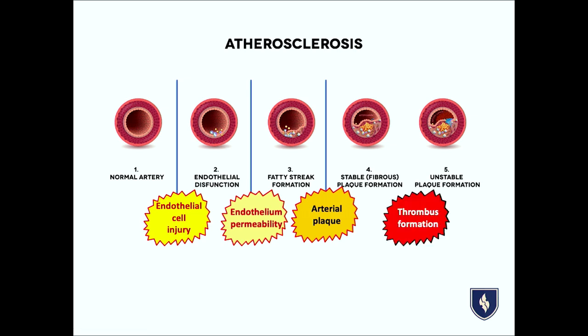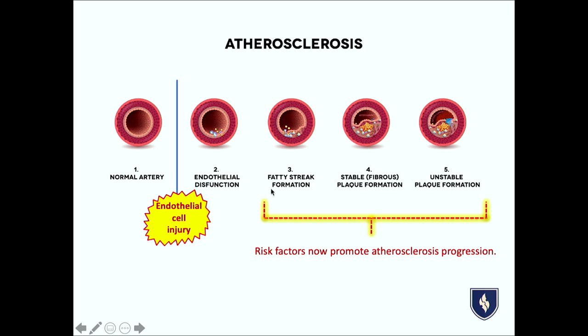And then those foam cells start to cause platelet hyperactivity. Then you get a thrombus formation, and the thrombus formation increases the size of the atheroma, so you get greater clogging, and it can even break off and be an emboli. So it all comes down to injury of the endothelial cells. Once that takes place, then everything else matters.